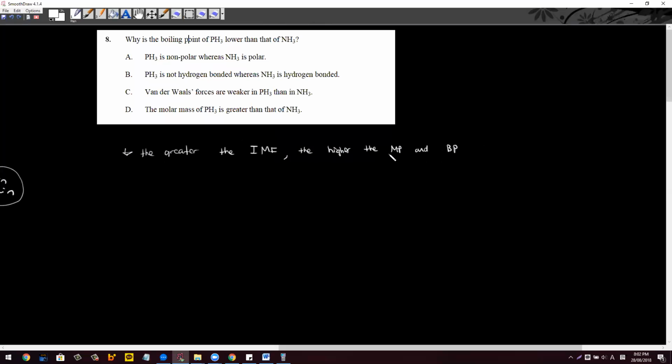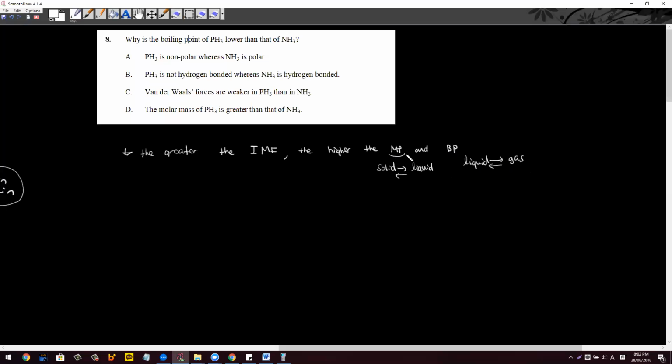So melting point is going from solid to liquid, or liquid to solid. Boiling point is where you go from liquid to gas, or gas to liquid.